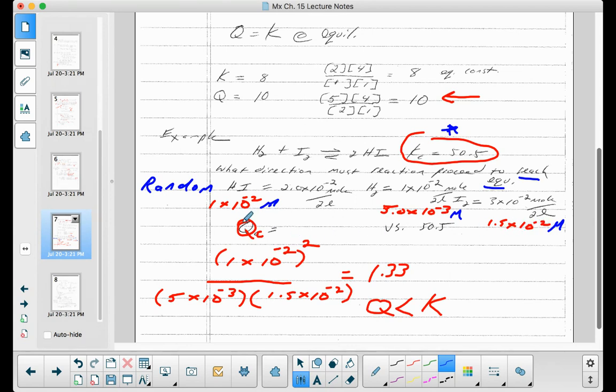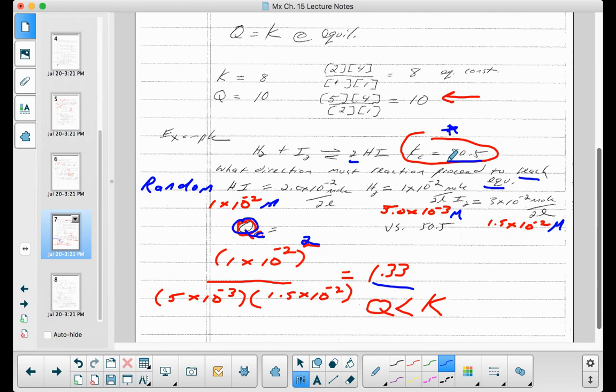So now I solve for the Qc. I want to solve for the reaction quotient. So I'm going to plug right into the same expression that I would normally use, but I'm going to plug these values in that are given. And so I put them in with the 2 squared, right? So that 2 squared here comes from the 2 there. And then I don't have any power for these. So I plug in those values, I get a value of 1.33. So what I see in this example is that Q is much less than my Kc value.